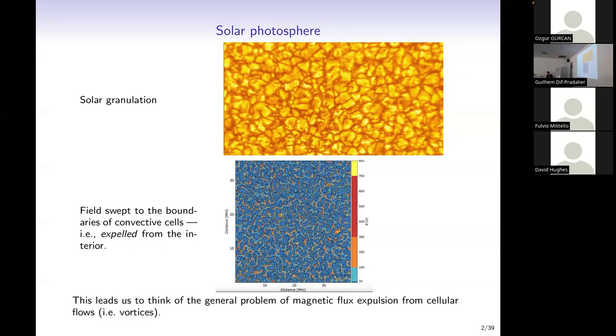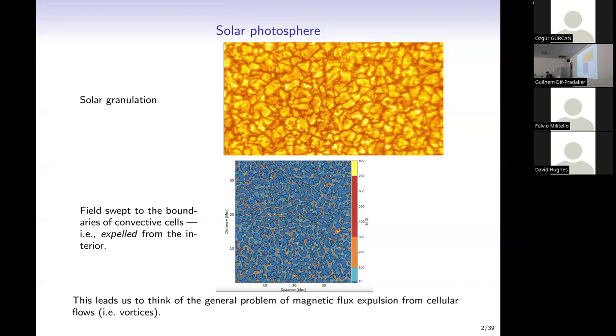And these are convective cells. Each of these cells is about 1,000 kilometers across, so it's an amazingly high resolution picture. And you can see that it forms a sort of cellular structure. Fluid comes up in the middle, goes down at the edges.